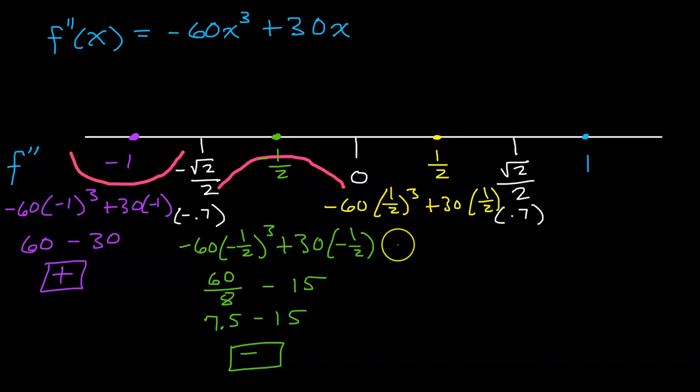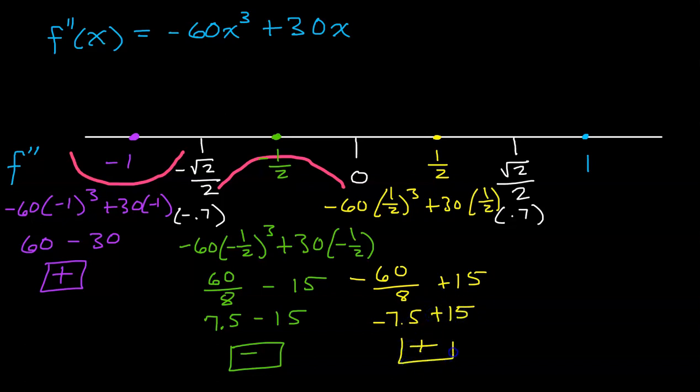So this will be -60 over 8 plus 15. So this will be -7.5 plus 15, which will be a positive number. So that means that the function will be concave upward in this interval.